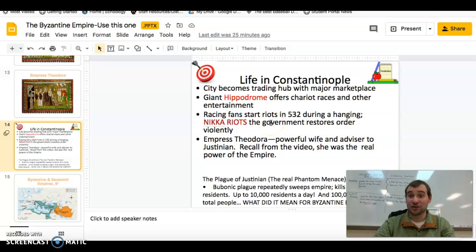Because they're going to lose the chariot races, and it's fixed. So the whole town basically marches onto the capital where Justinian stays, and they're going to try to kill the emperor because of this. Eventually the emperor has to send troops out, and there are riots in the streets, and a lot of people get killed. But they're literally rioting over the chariot races.